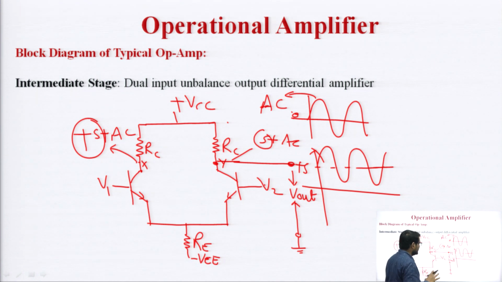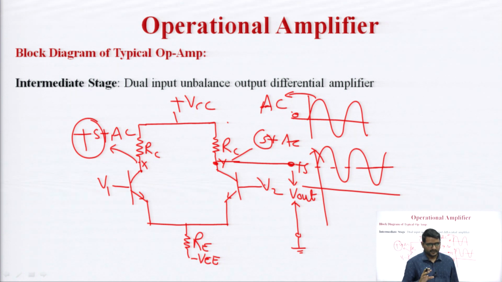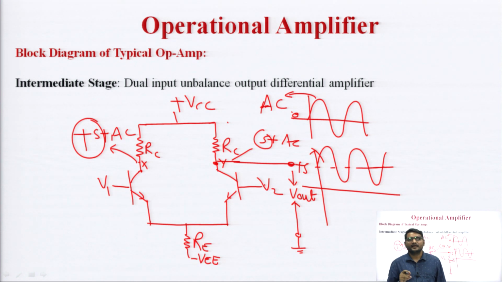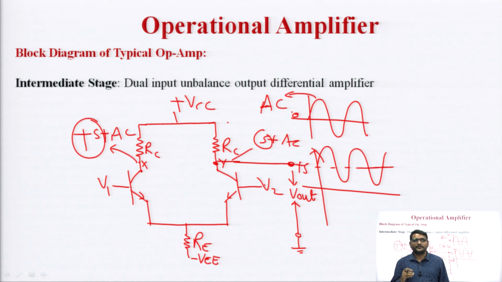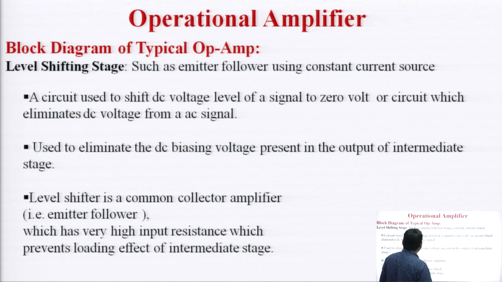The purpose of this intermediate stage is amplification, but it inserts a DC level in an AC signal. Then at the next stage we will use a level shifter or level translator, which can reduce the DC 5 volts to 0 volts. So, the next stage is the level shifting stage, such as an emitter follower using a constant current source.